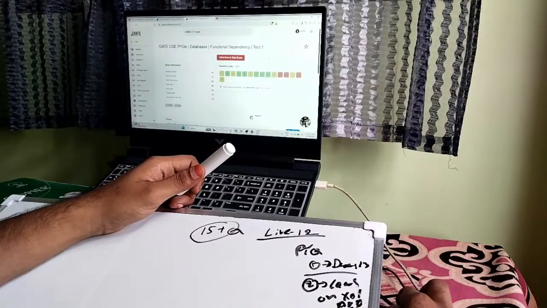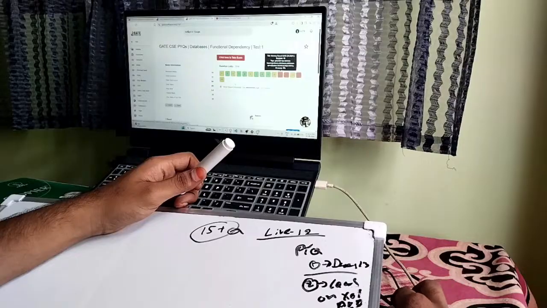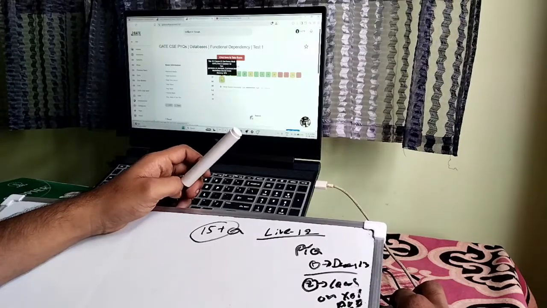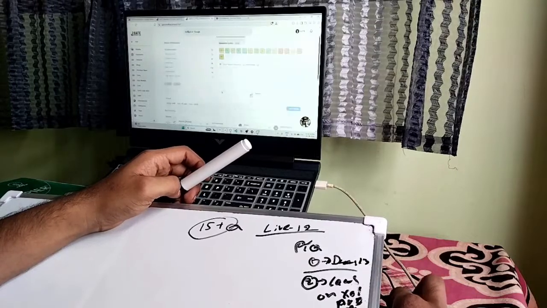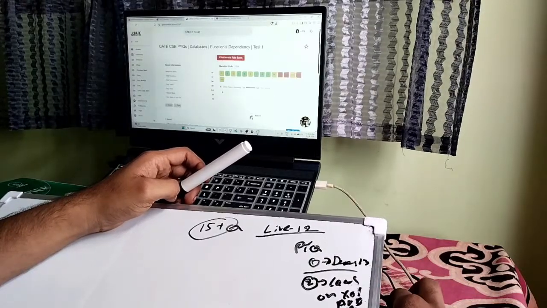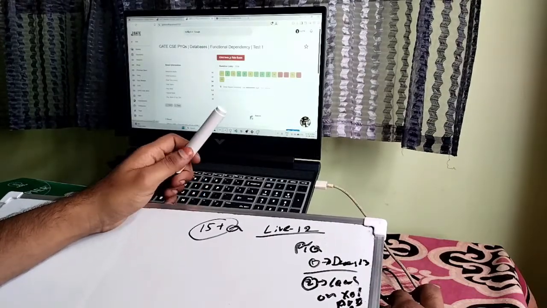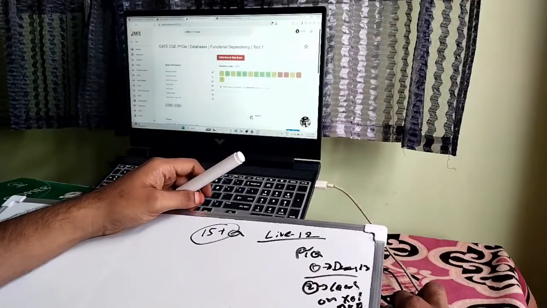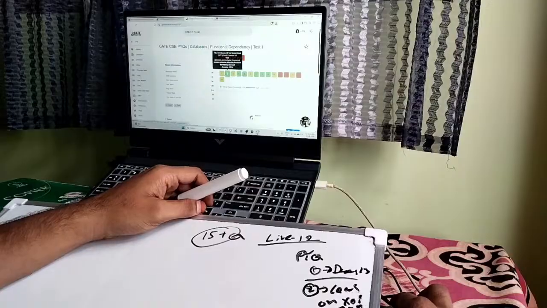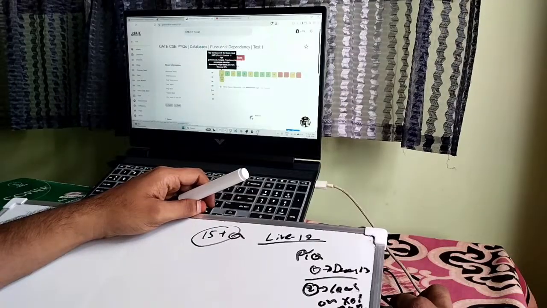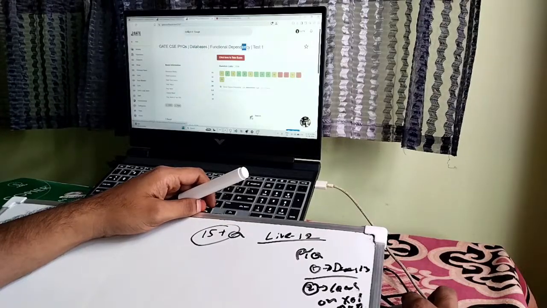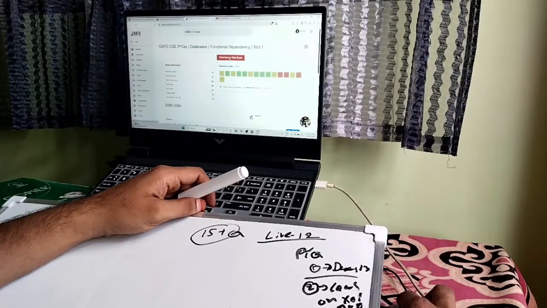CSE PYQ test one, functional dependency. Highest mark is 10. Functional dependency. Are there any tricky questions? I think they mention all GATE CSE PYQs. So let's do it, man.